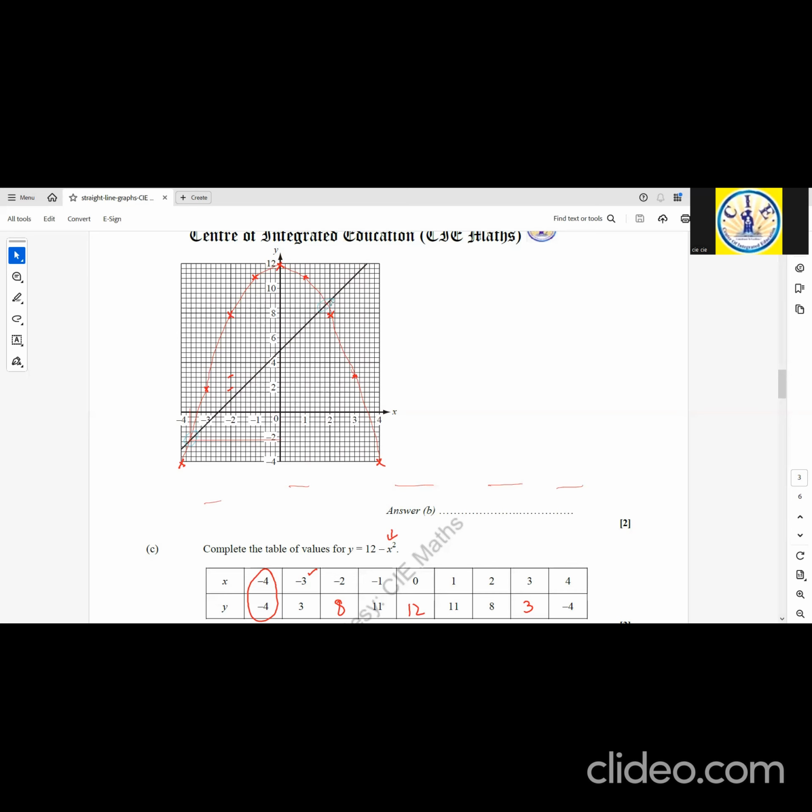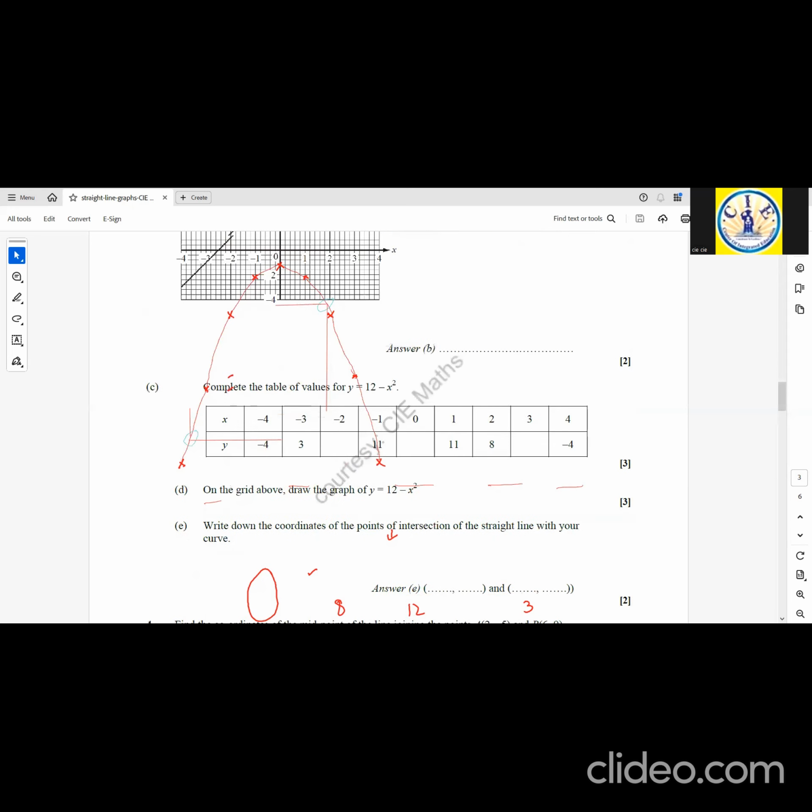and similarly, this is the point of intersection. And this, something like this. So jotting down these points would give me the coordinates.